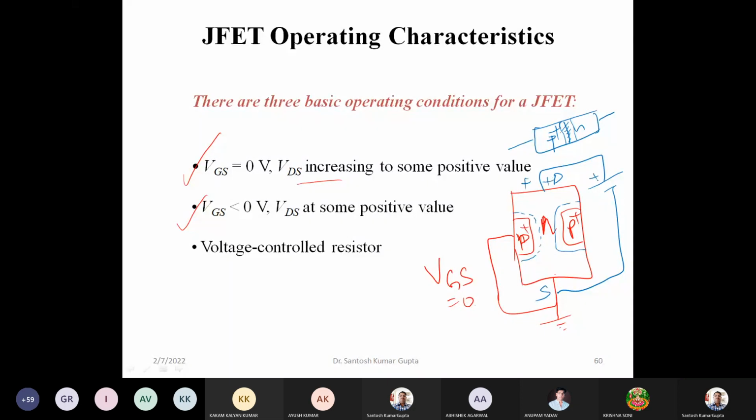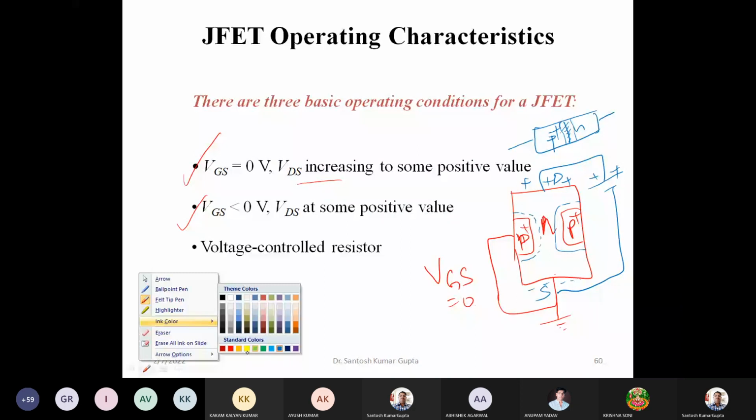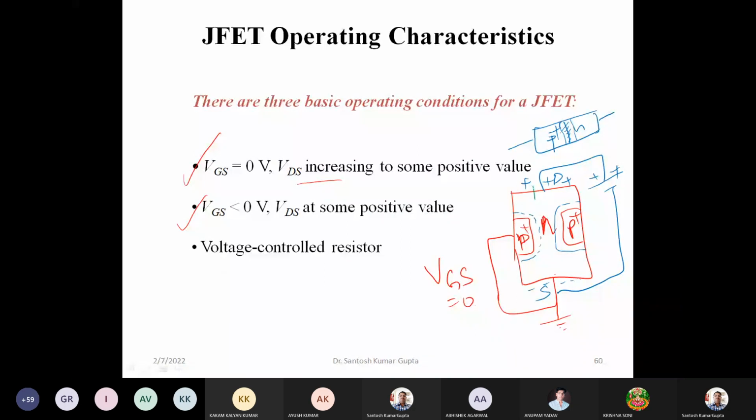The positive polarity of this battery will establish positive voltage on the drain side and negative on the source side, and we will see an electric field across this region as shown here, from drain side to the source side.